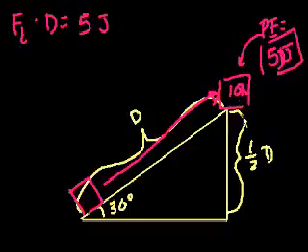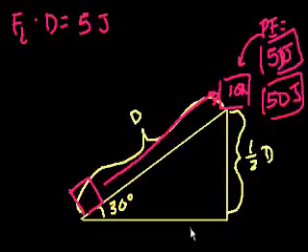It's 10 newtons times the height we're up, and that's 1/2 d. So it's 5d joules. Sorry for confusing you. This isn't some kind of unit; I just used d as a variable the whole time. So the force I'm pushing here times this distance has to also equal 5d joules.